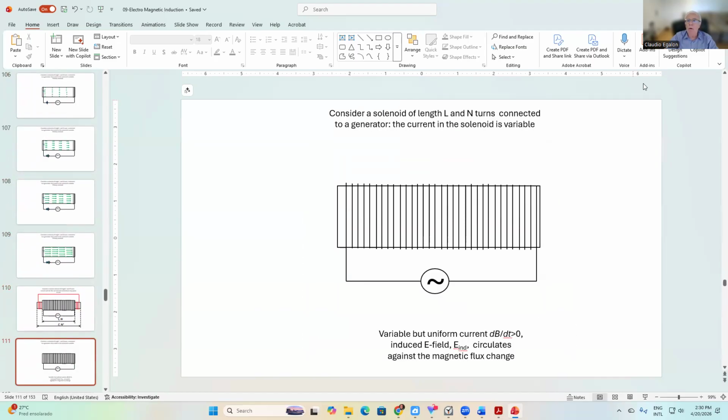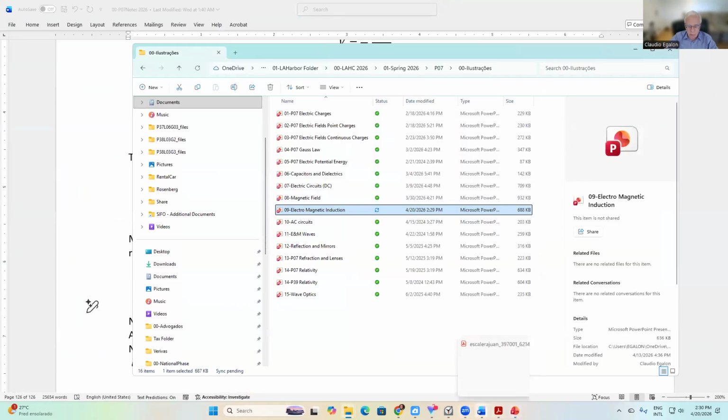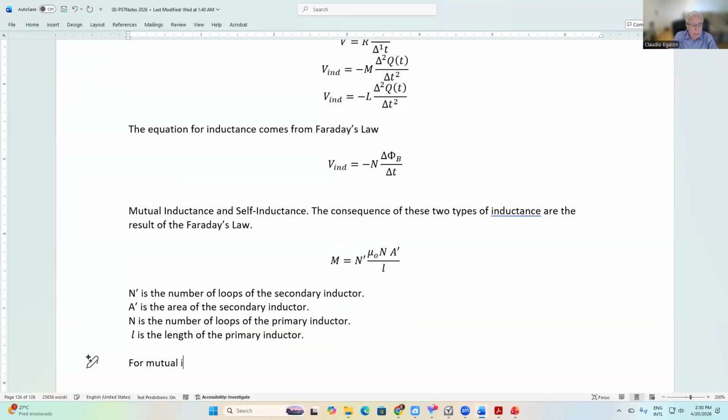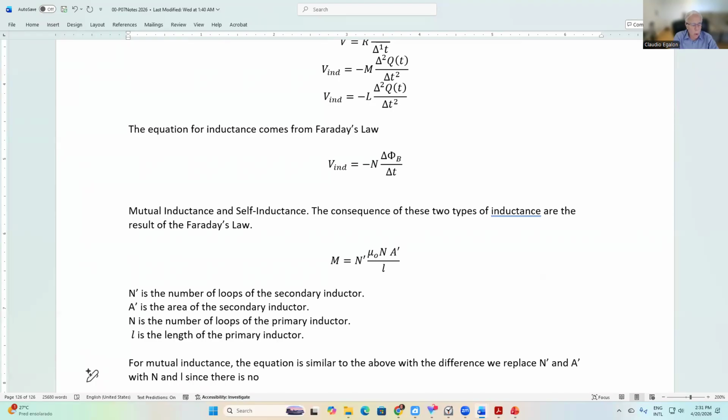If you do the mathematical calculation for the mutual inductance, which is the same derivation that we did before, the equation is similar to the above one, with the difference that we replace N prime and A prime with N and l, since there is no secondary solenoid.